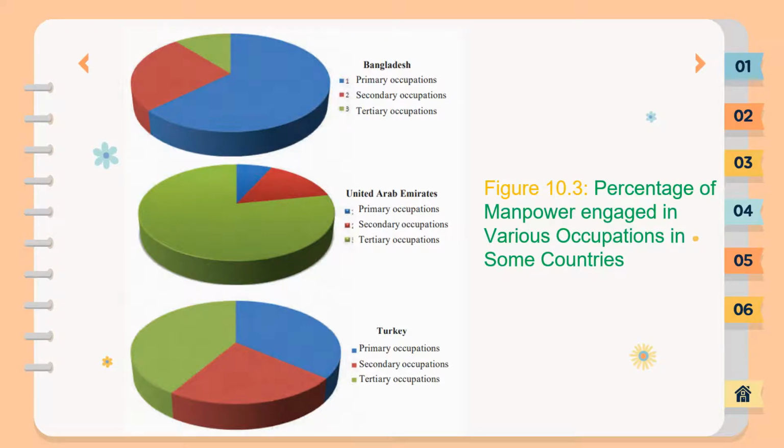Again, we know that it is Turkey that has almost equal manpower engaged in all the occupations. Countries which have more manpower engaged in tertiary activities are considered to be developed countries, while countries which have more manpower engaged in primary activities are considered to be developing countries.